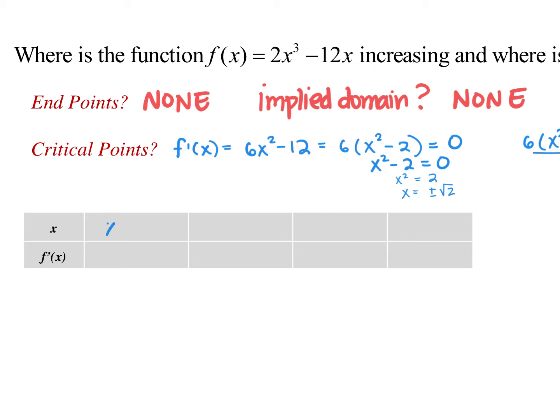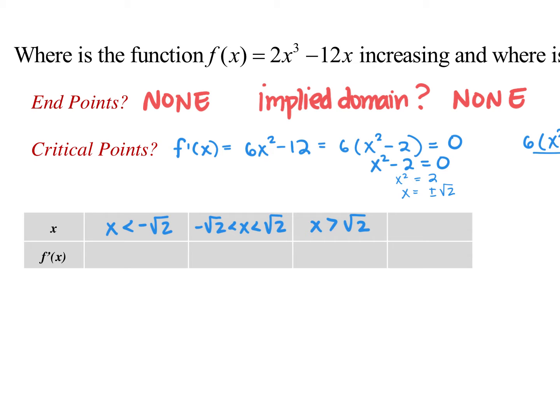So we start with x less than negative rad 2. Then we go up to the next critical point, positive rad 2, and there are no other critical points beyond that.